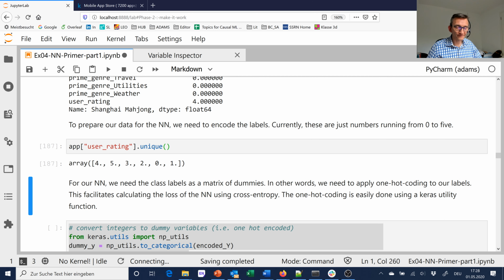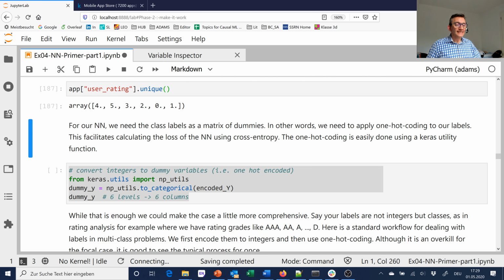And remember, the unique values in our target variable are these different user ratings, and there are 6 of them. Now, that is our target. So we have multiple classes, and these are consecutively numbered. So here comes the first bit. When we want to use this target variable for our neural network, then we need to do some coding here.